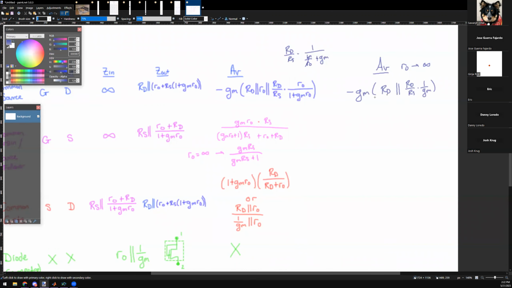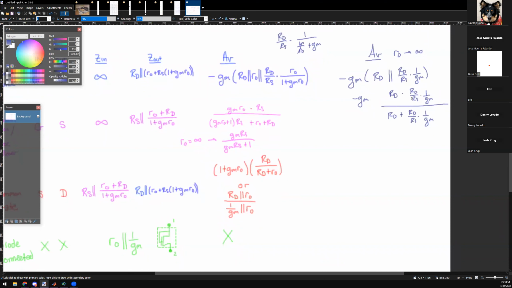And then this other one is a little bit ugly, so let's just execute out the division. You're going to have RD times RS plus 1 over GM, divided by RD plus RS times 1 over GM.